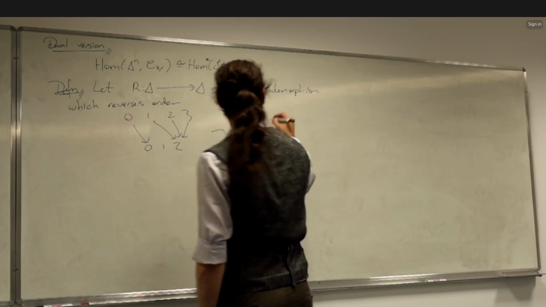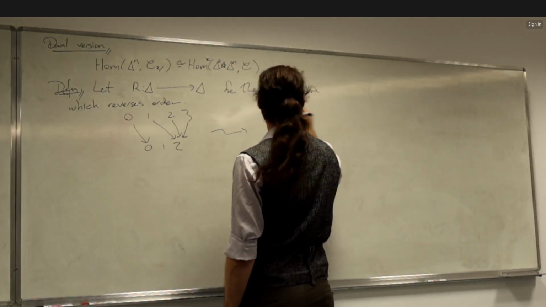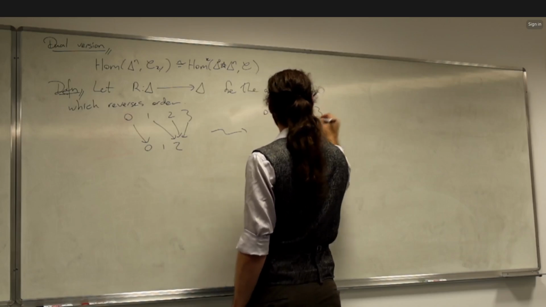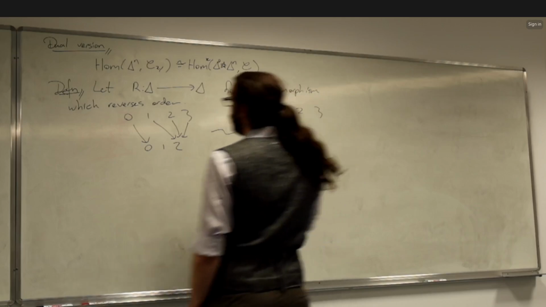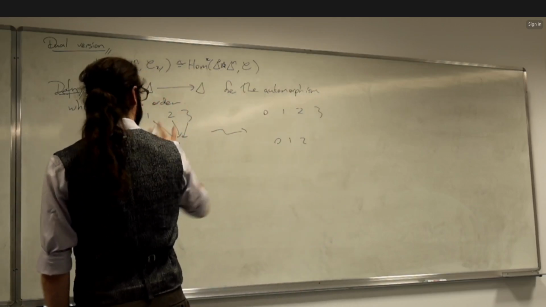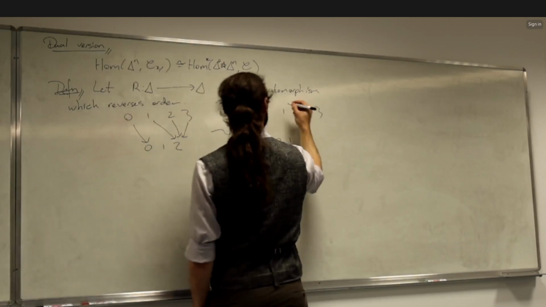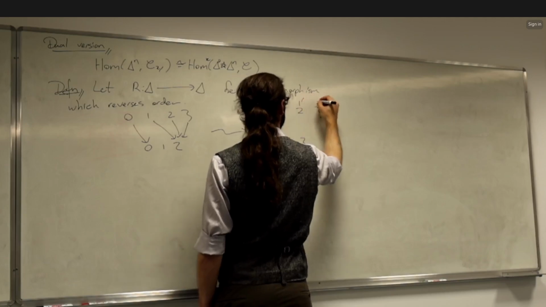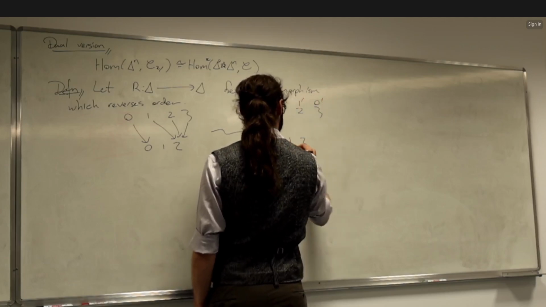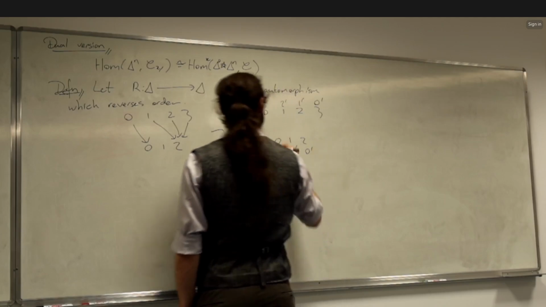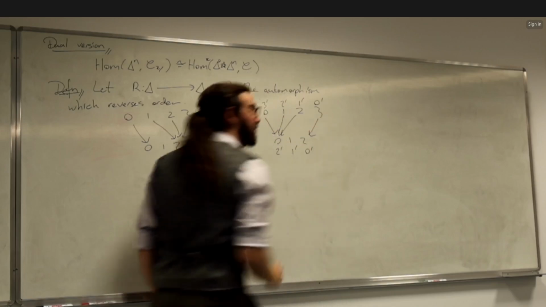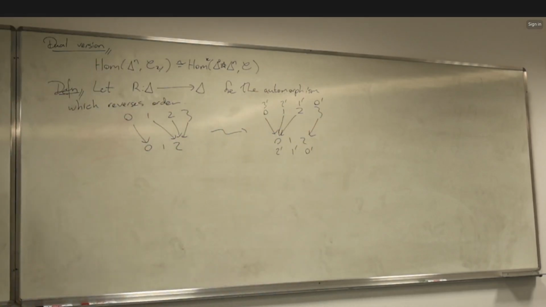This is going to be sent to the thing 0, 1, 2, 3, 0, 1, 2, where we're trying to flip the order of both of these sets. So we get 3 prime, 2 prime, 1 prime, 0 prime, 2 prime, 1 prime, 0 prime. And so now the morphism that we have is reversed.